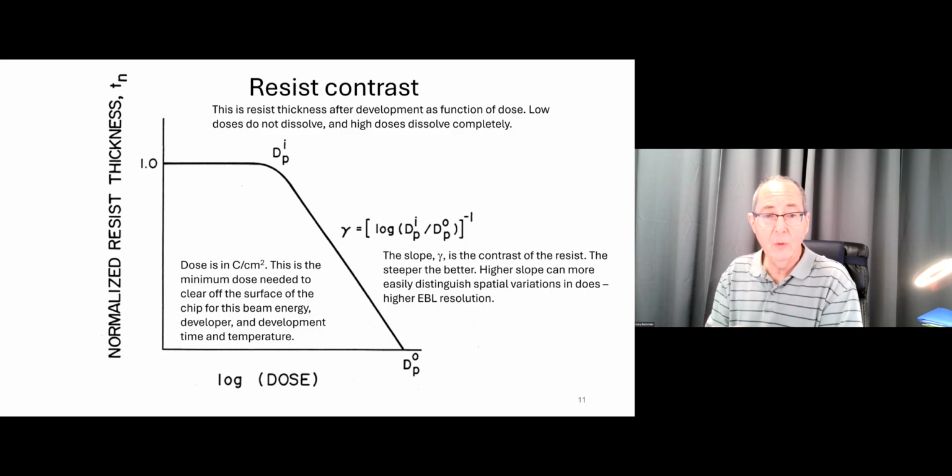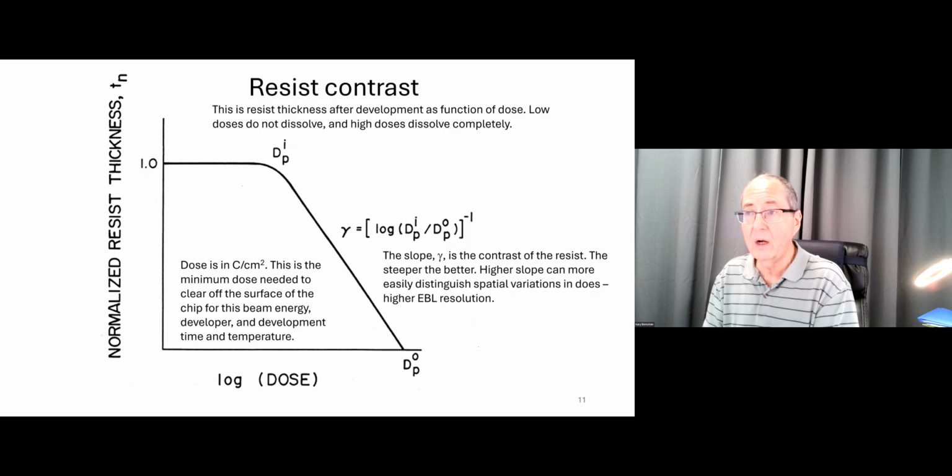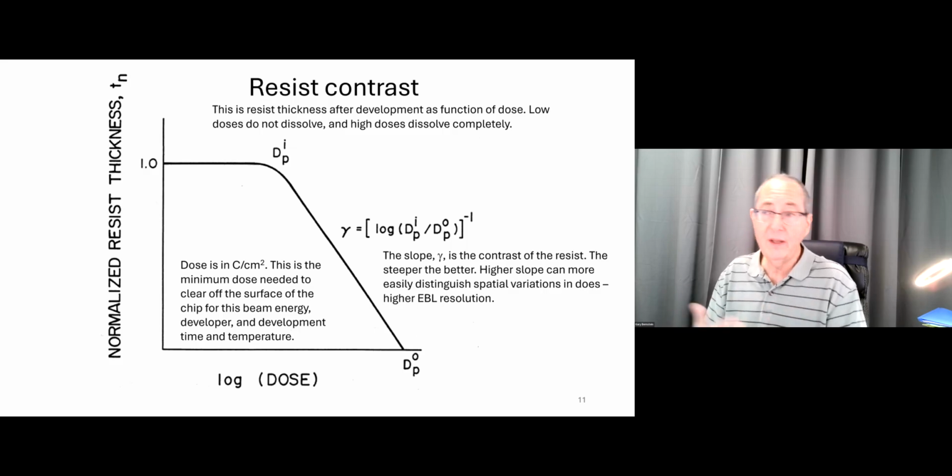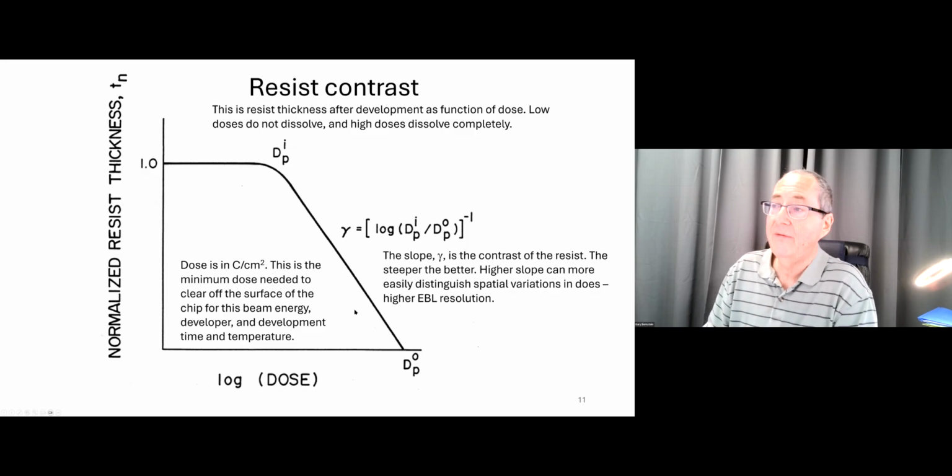And if you want to distinguish one region from a region right next to it, then you really need a high contrast developer. So you need to be aware of the properties of your resist and where this exposure dose lies that clears it, and what its contrast is, and what the developer is you're using, and how you're going about using your developer and getting the most contrast out of your resist.